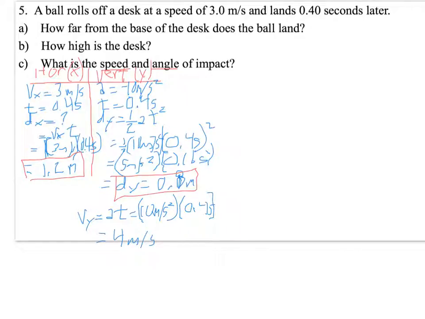Now, this right here is not an answer to any of our questions up the top. It's not the speed of impact, but it is the vertical speed of impact. So Vy is this direction, 4 meters per second. Vx is this direction, 3 meters per second. So what we really need is to figure out the resultant.